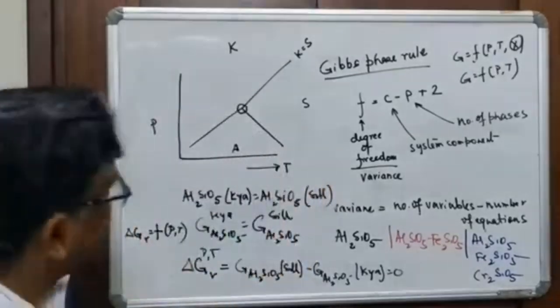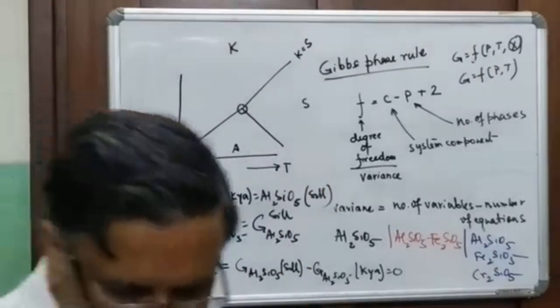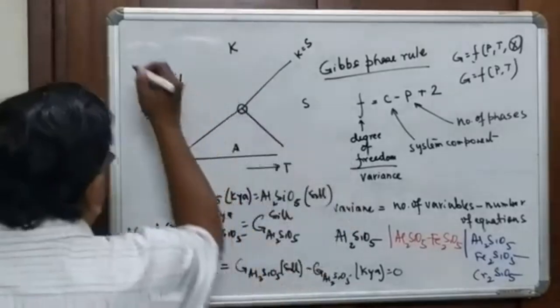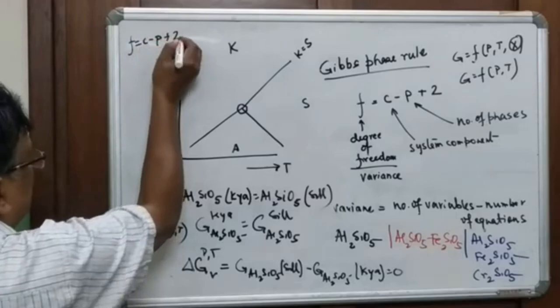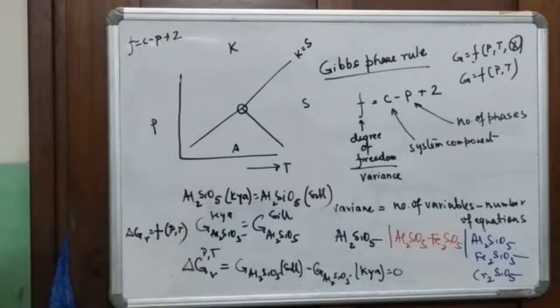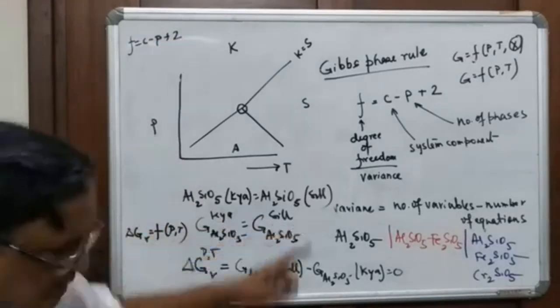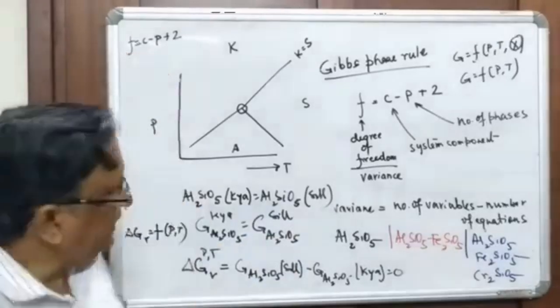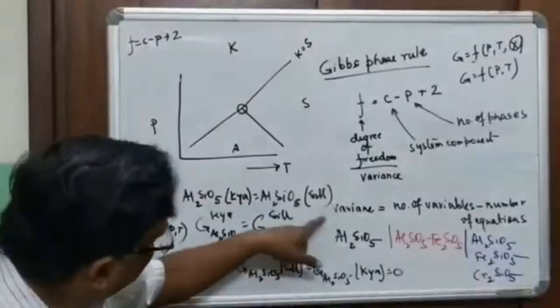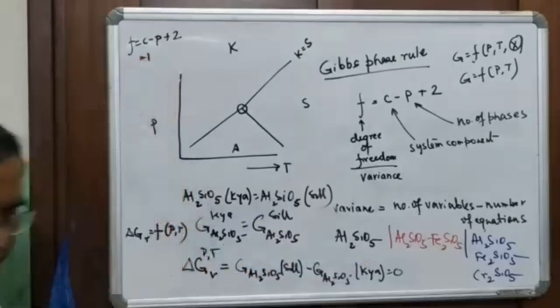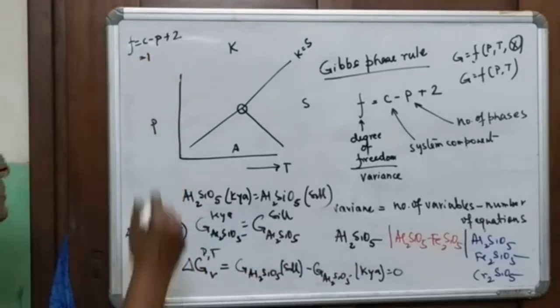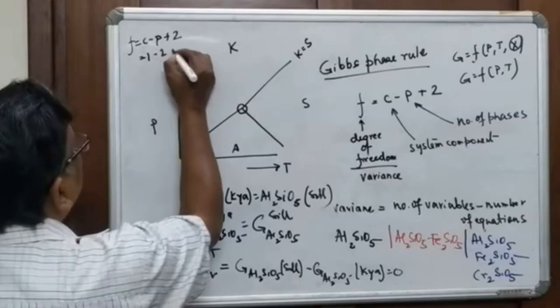Now, back to the Gibbs phase rule. F is equal to C minus P plus 2. What is my C? I'm writing with the black pen. Al2SiO5, so 1. How many phases? 2.